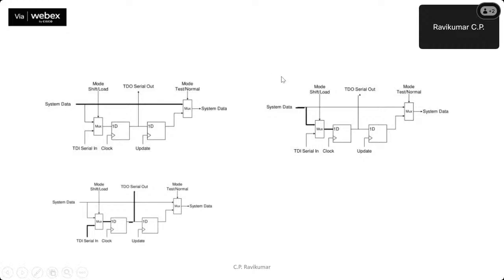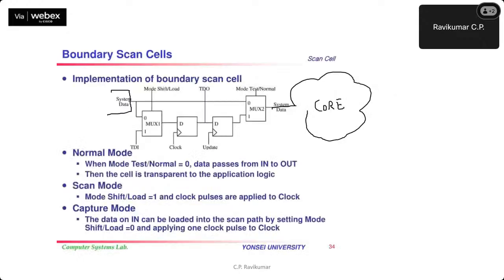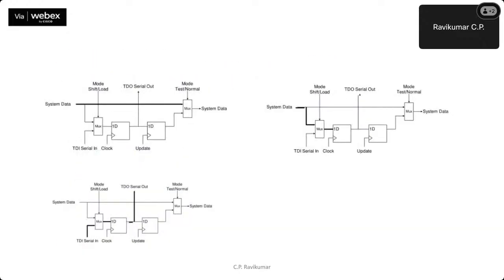The second one is a scan mode. This is the normal mode. This is a scan mode. So here we want to take this path so that the data that is being scanned in gets captured here and goes out.